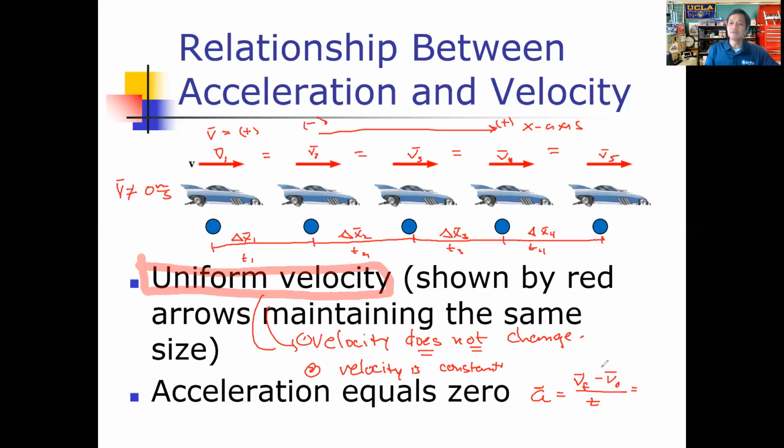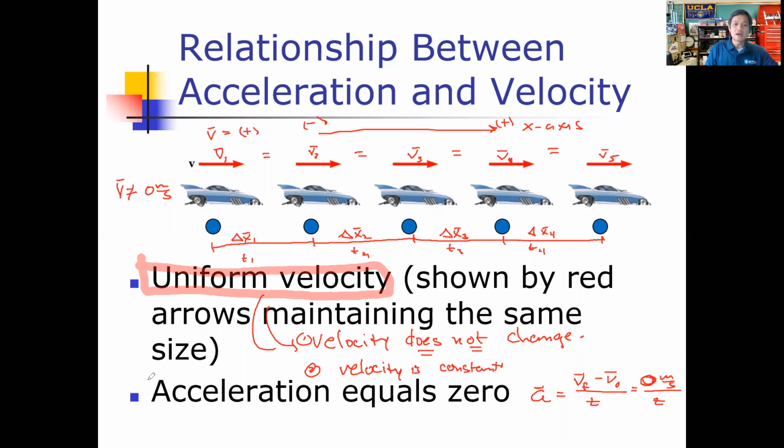So if you subtract the same number from itself, the answer you always get is 0. And if you have uniform velocity, from this very simple calculation, we are dividing 0 by time, so the acceleration will be 0.